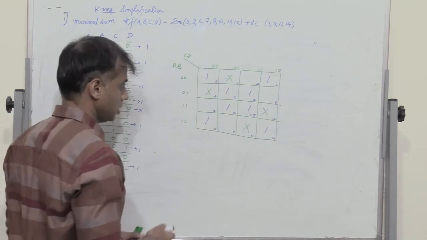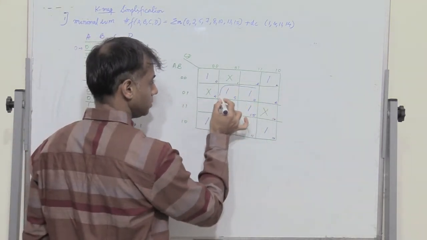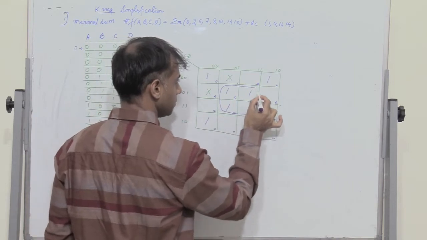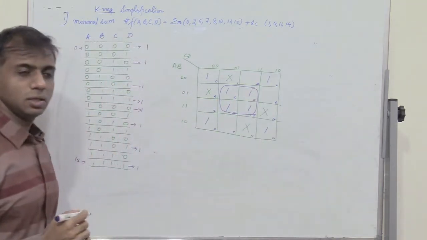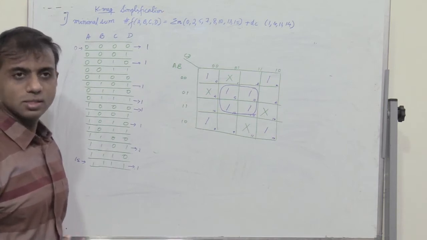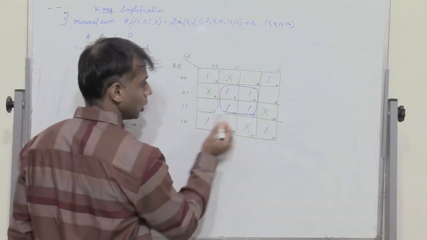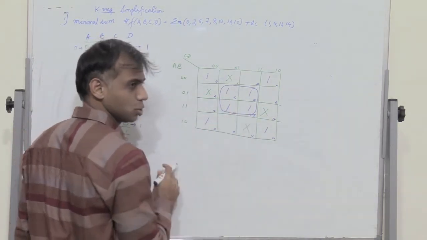So now if we observe, we find that these four ones can be combined. So the pairing is always done in 2, 4 or 8 or 16. You can group them, all of them. So here I have four ones. So these four can be grouped together.